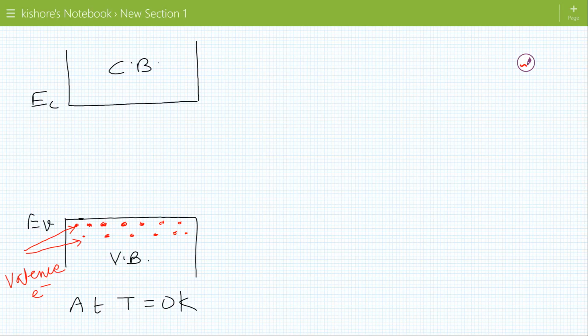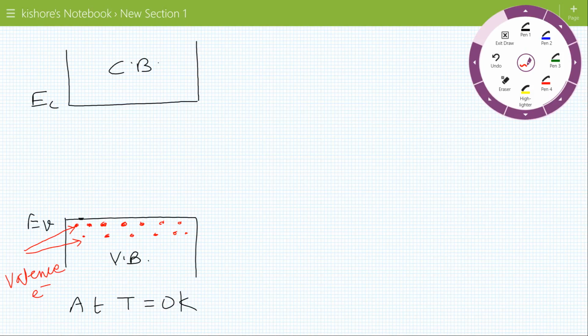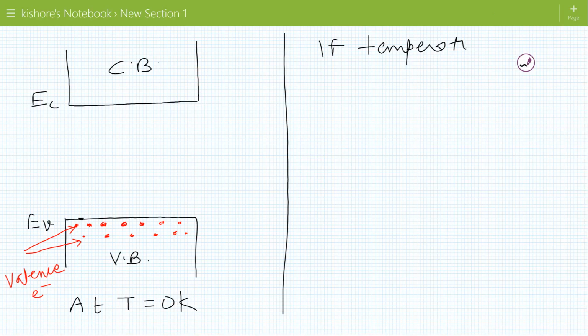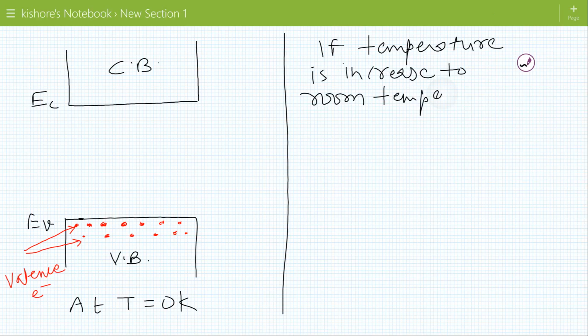Now, if the temperature is increased to room temperature, then what will happen?